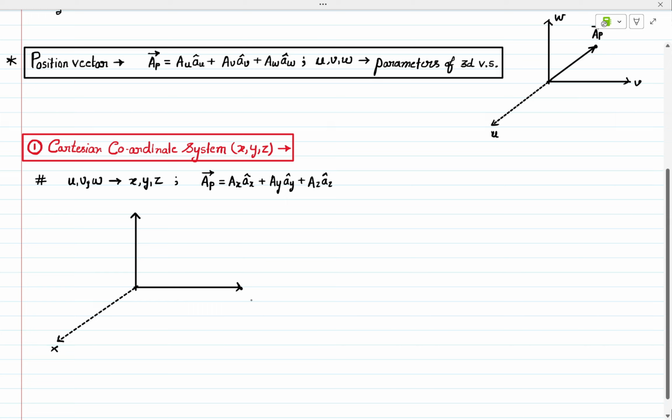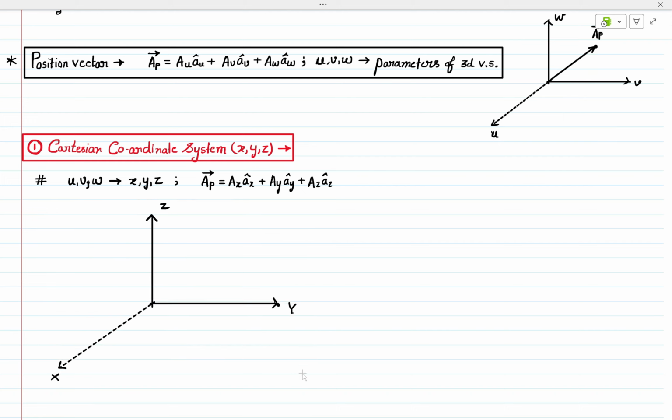So this is the x, this is the y and this is the z, where x, y, z are orthogonal to each other. Okay. I will talk about the orthogonality later on. So first of all, let us understand this coordinate first, which is very important.